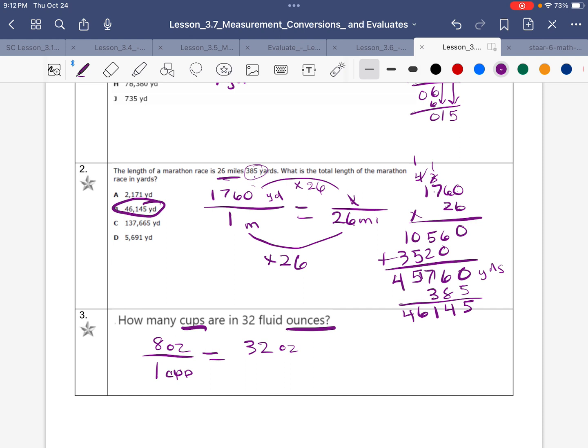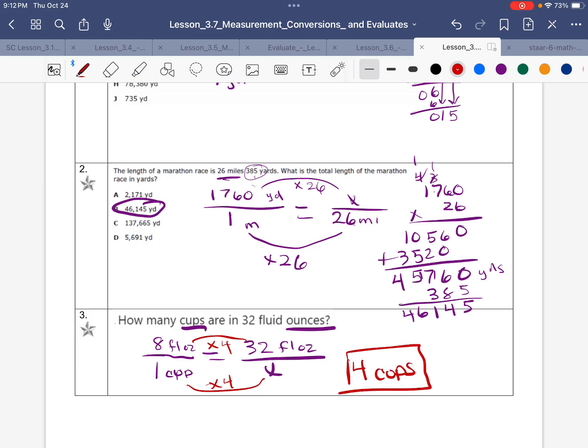Let me be proper, because ounces are in weight too, but this is volume. So this is technically fluid ounces. And we don't know the cups here. 8 to 32 though, I do know. That is times, I'm sure you guessed it already, 4. And you do the same thing on the bottom, times 4. So this would be 4 cups for 32 ounces. There you go.